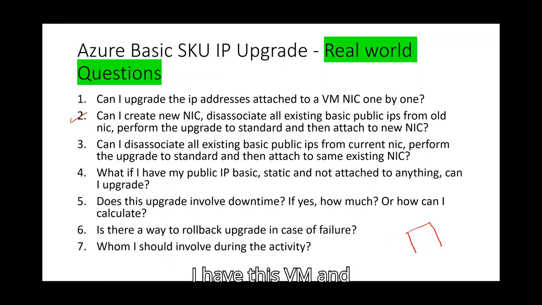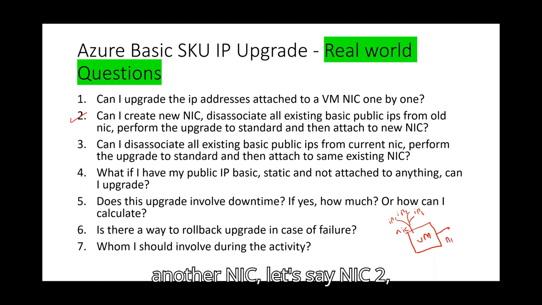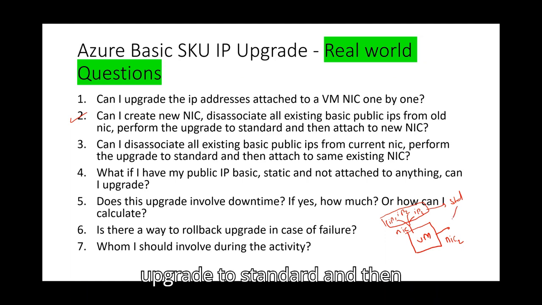So if I have this VM and there is a NIC with multiple IP addresses, IP1, IP2, IP3, all Basic, the question is that I will create another NIC, let's say NIC2, disassociate all of these, upgrade to Standard, and then attach to the new NIC. Yes, you can do this.